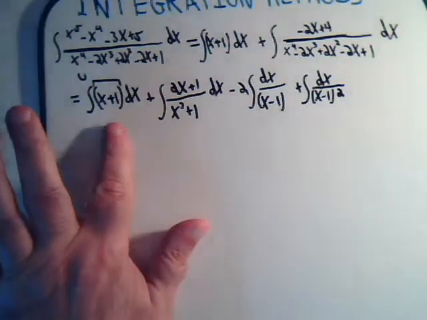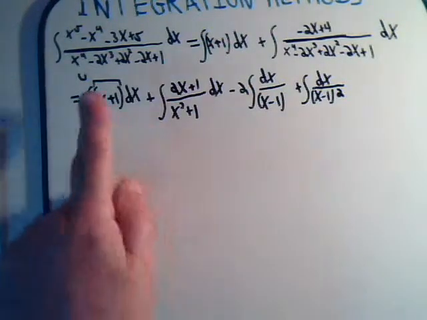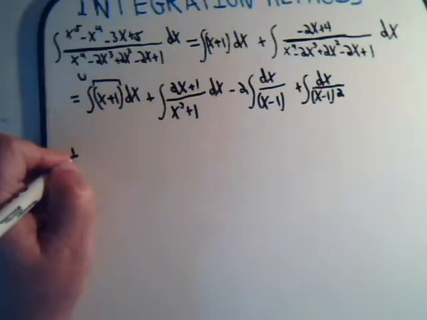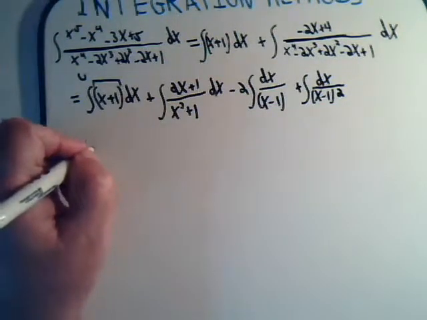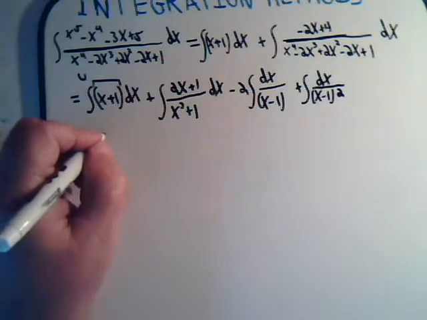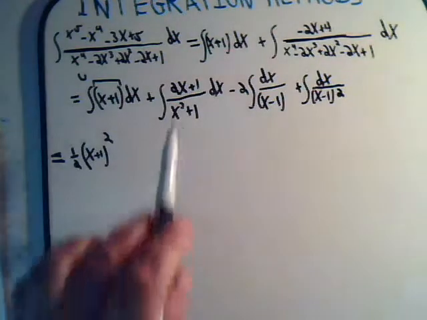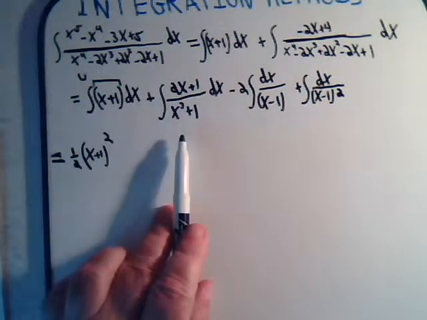With this integral here, call the x plus 1 u, dx is du, so that's 1/2 u squared, so we have 1/2 x plus 1 squared. And let's see, we've got 2x divided by x squared plus 1. If I call this u, du would be equal to 2x.